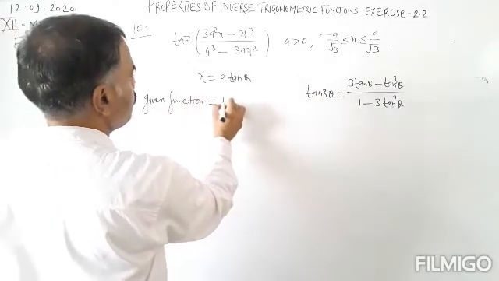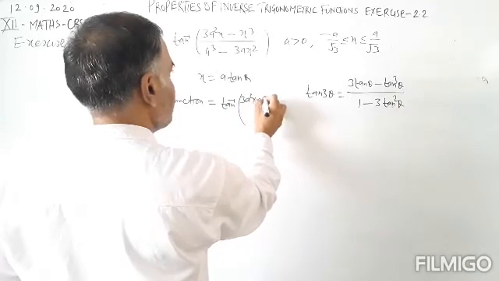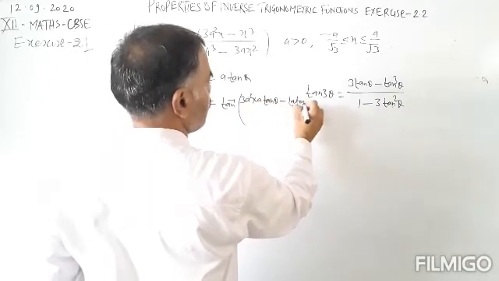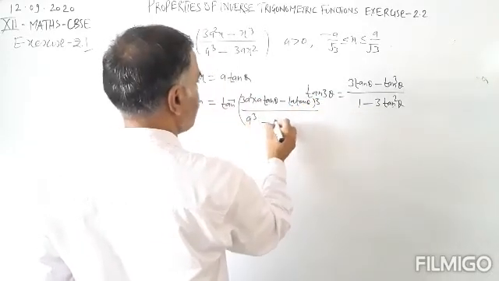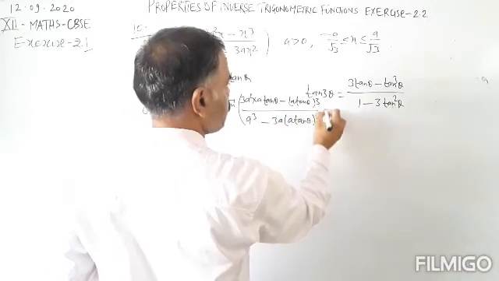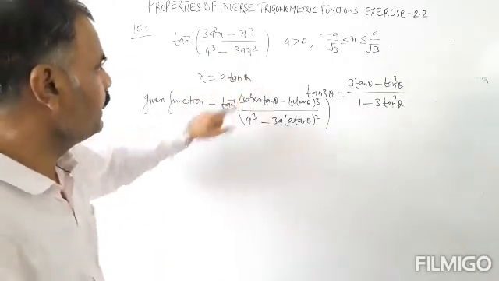is equal to tan inverse of (3a² times a tan θ − (a tan θ)³) divided by (a³ − 3a times (a tan θ)²). We have substituted x equals a tan θ.